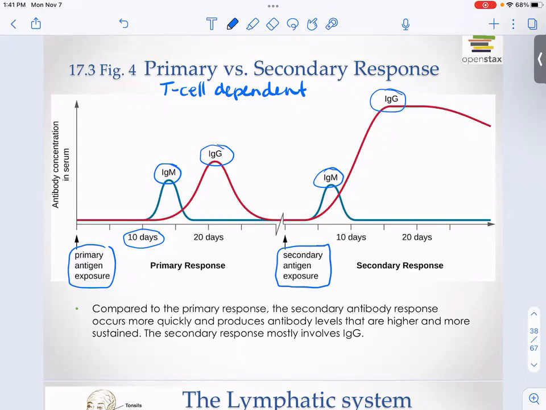Again, that's due to the memory cells. They don't have to go through all the laborious activation that they had to before. They're primed and they're ready to go.